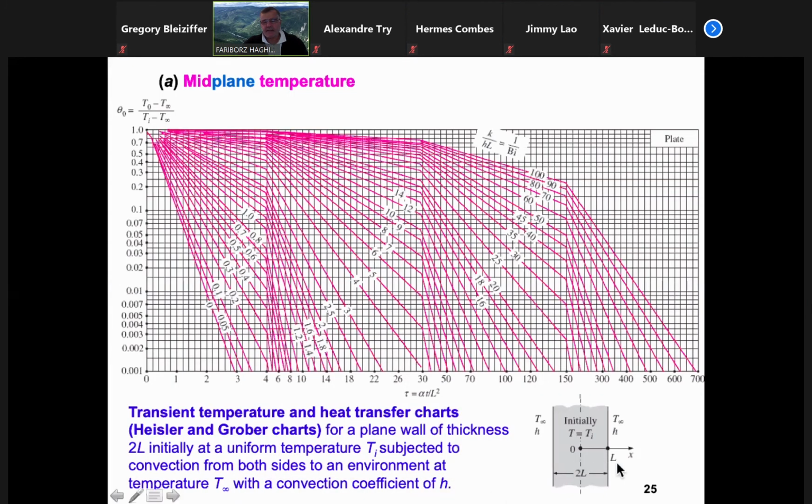This L is half of the thickness because we assume it's symmetric. The temperature here is the same as here. Therefore, L is half of the thickness. The thickness is 2L, 15 centimeters, and L becomes 7.5, because we are assuming both sides of the wall are at the same condition.